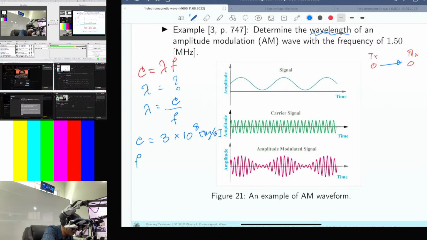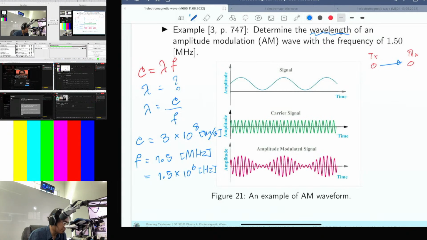And f will be the frequency, which is the value that you are allowed to use, which is 1.5 megahertz. But megahertz is not the standard or basic unit in physics. We need to convert 1.5 megahertz to simply hertz, which is 10 to 6, right?